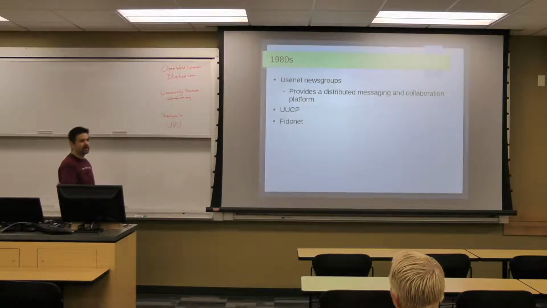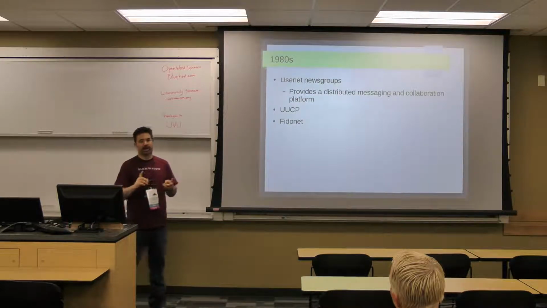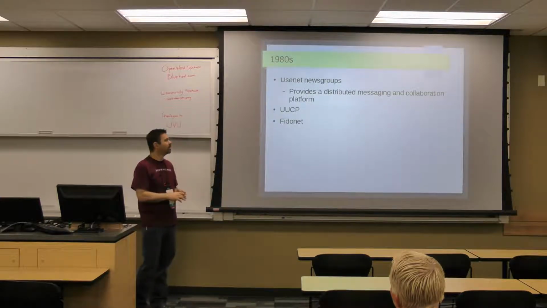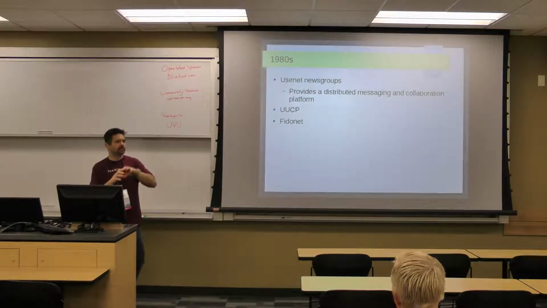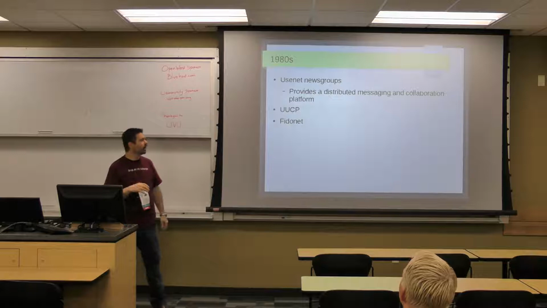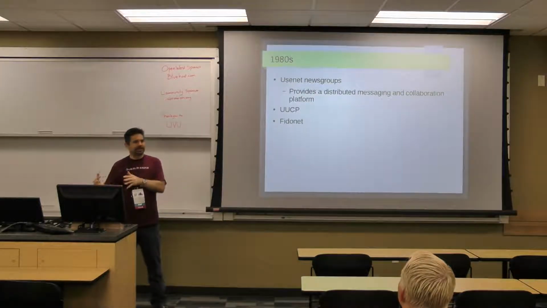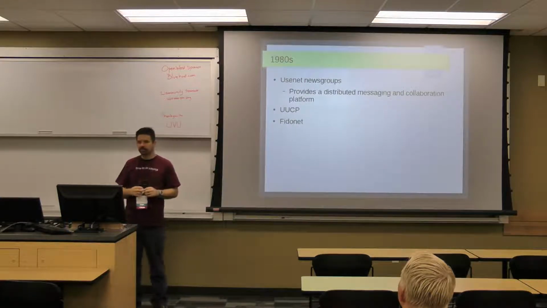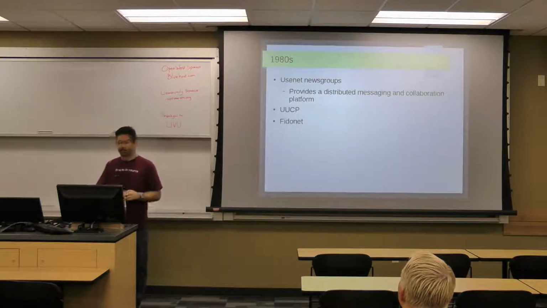It was a way of using dial-up links between nodes to send email and grab and send information for Usenet newsgroups and other things. You could say, I want this file sent to this other system. So UUCP was one of these less connected means of exchanging information. FidoNet was more of a way of exchanging information across bulletin board systems.